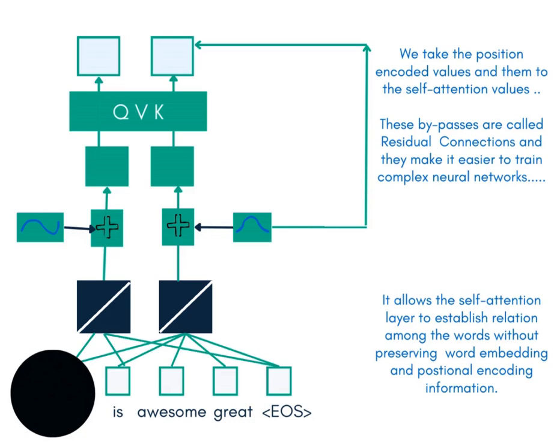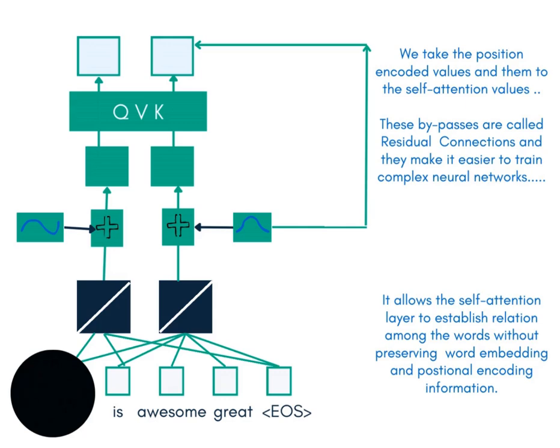The values from the positional encoding are added to the attention scores after they have passed through a self-attention layer. It allows the self-attention layer to establish relations among the words without preserving word embedding and positional encoding information.